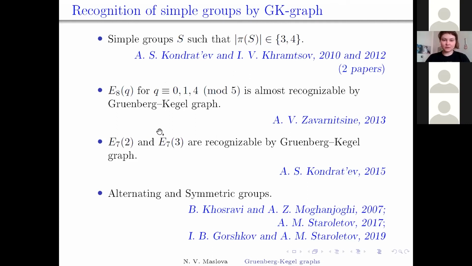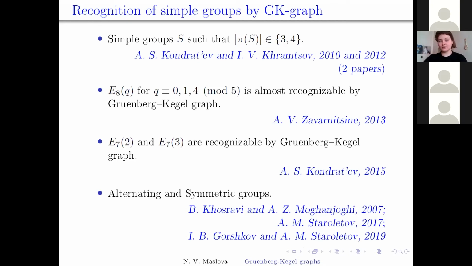And there are two other examples of exceptional groups of Lie type which are recognizable by Gruenberg-Kegel graphs, and alternating groups and symmetric groups were ruled out in papers by Iranian and Russian mathematicians. There are known results where they are recognizable, and where they are unrecognizable.